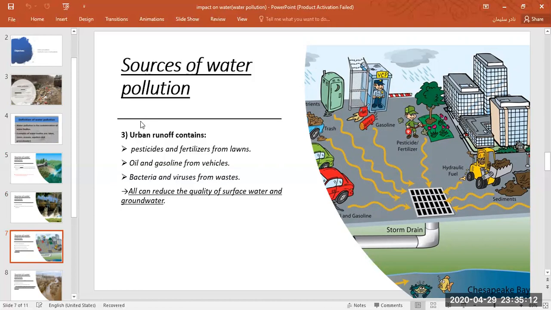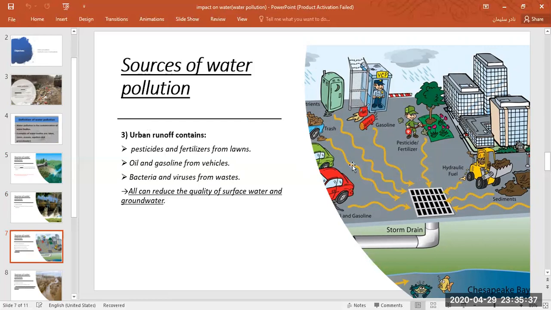How? Because runoff in these urban areas carries with it, do you see the orange arrows? It contains many pollutants like pesticides and fertilizers, like gasoline, like oil from vehicles, like sediments, okay?